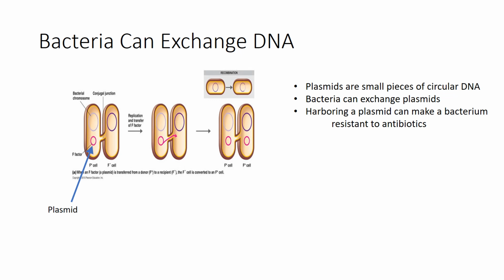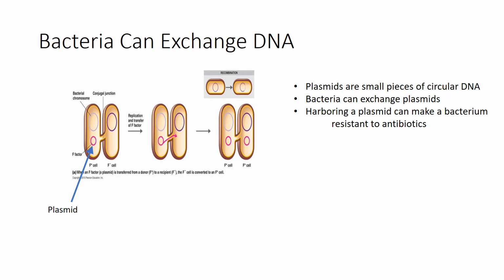All individual cells are identical, but not quite identical. Some of them have plasmids, and others may not have plasmids. And plasmids are DNA, so plasmids do have some genes, and not having a certain plasmid may be detrimental for bacteria.